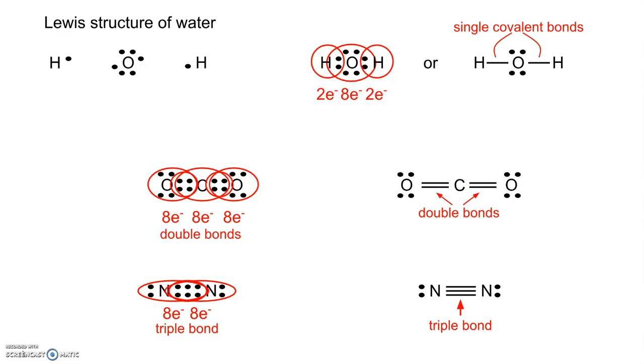Now let's look at our Lewis structure of water. So we saw fluorine had the lowest potential energy, and it's a diatomic molecule, and it was bonded to itself. By definition, that fluorine was nonpolar. But if we look at water, it creates a single bond with the hydrogen on either side.